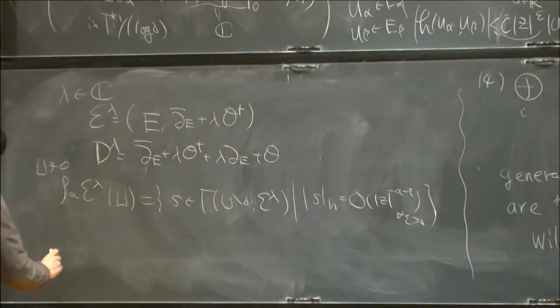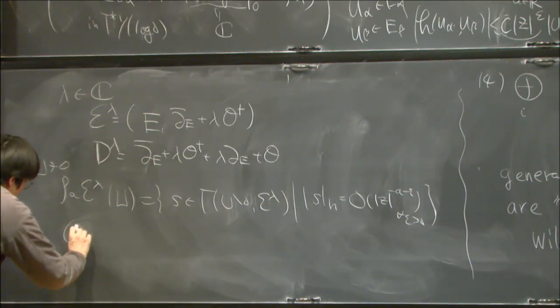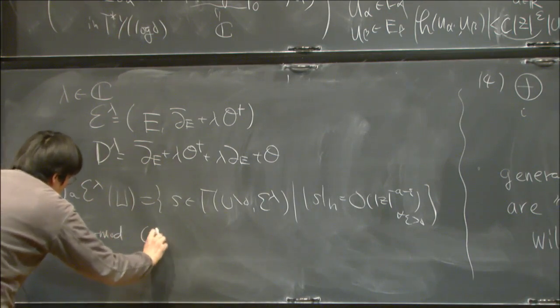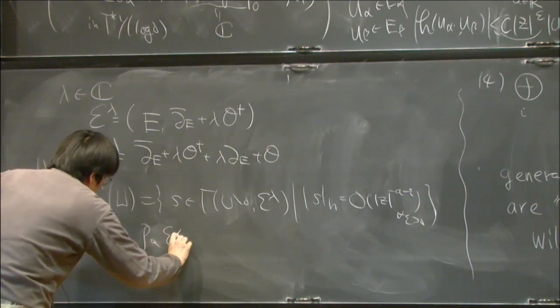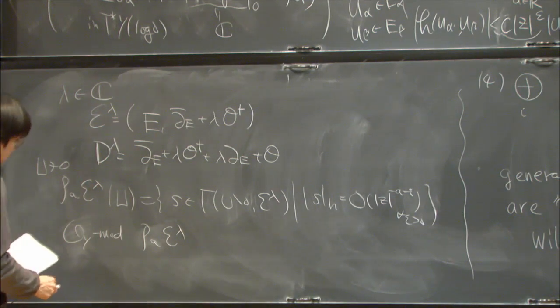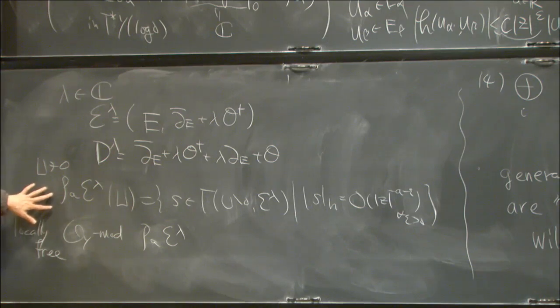So we obtain the P or O-I module P A E lambda, and again this is locally free, because in this case the curvature is given by -1 plus lambda square theta theta, and so it is easy, by the same reason, we can show this is locally free.